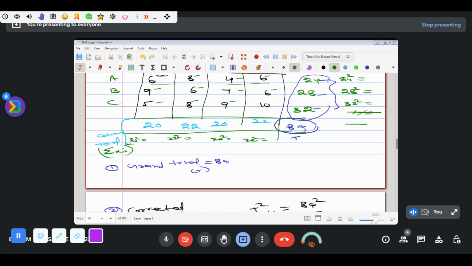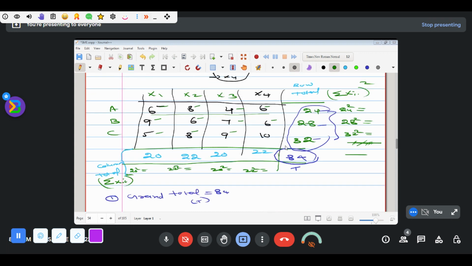Please enter it. What is the value of the first one? 24 squared value. How much? 576. 28 squared? 784. 32 squared? 1024.